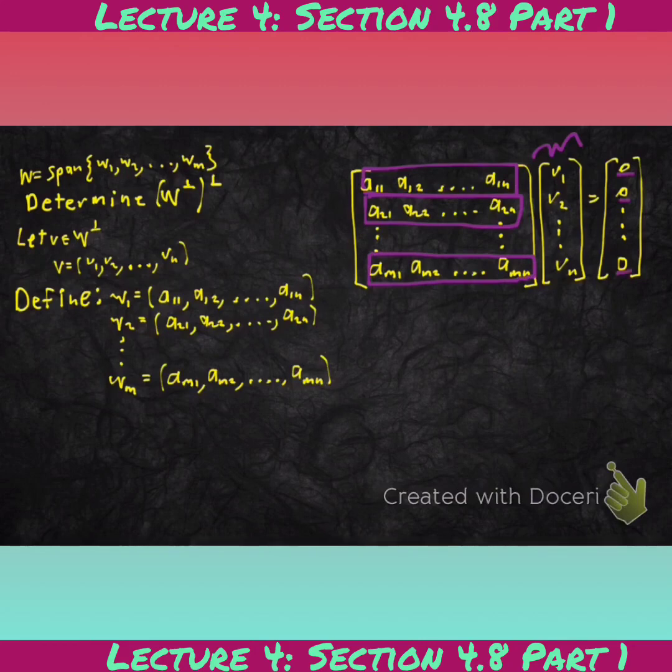So what are we actually saying? We're saying that this vector must in actual fact be in the null space of this matrix. So V is in the orthogonal complement of W only if it is in the null space of that matrix.